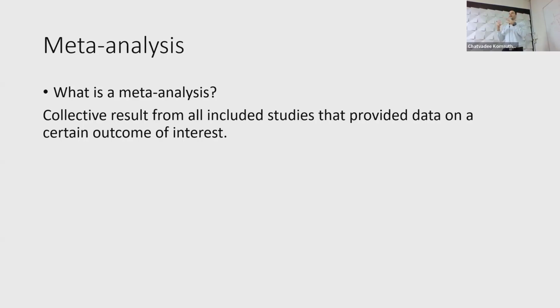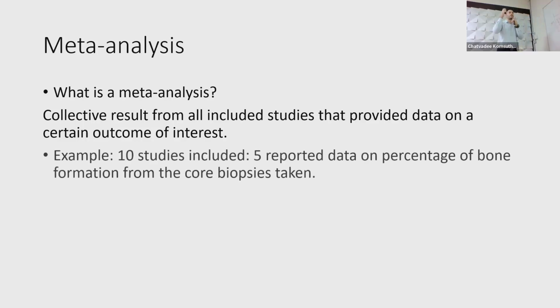That is why the meta-analysis gives more reliable conclusions, because it combines all studies together. So instead of getting 30 patients in one sample, I will get maybe 500 patients in one sample because I am combining all studies together. Is that clear? Okay, so for example, here we had 10 studies included in the systematic review.